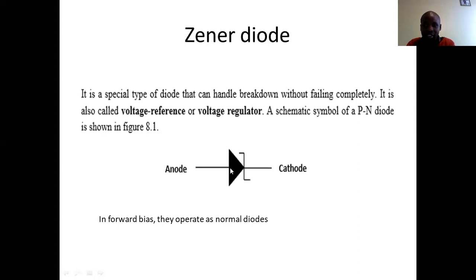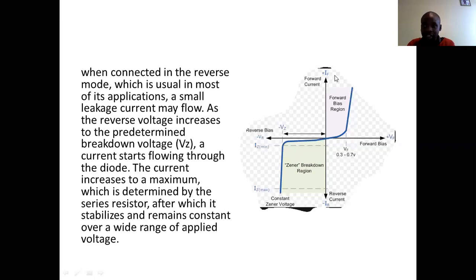This is the circuit diagram of the Zener diode. In forward bias, it operates normally. Remember, in the current-voltage characteristics of a diode, we have the forward voltage region, where as the external voltage is increased to the forward voltage of about 0.3 to 0.7, it conducts current.